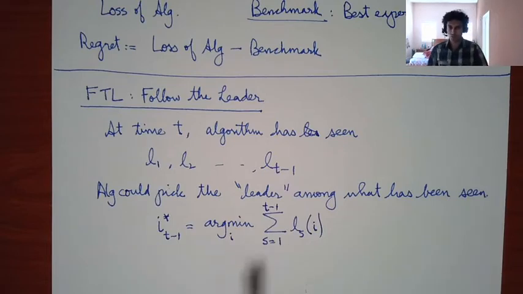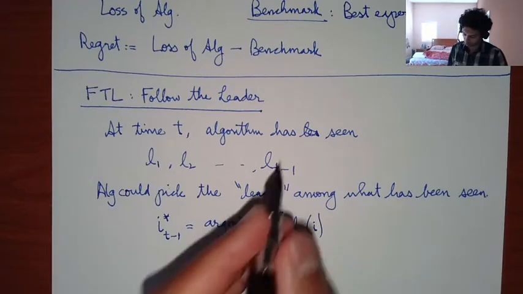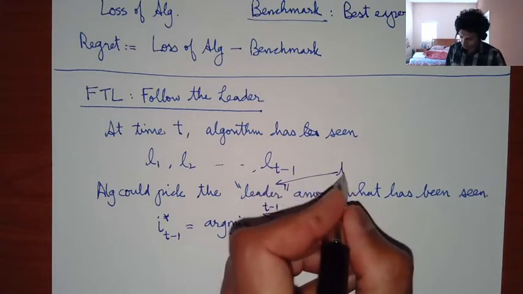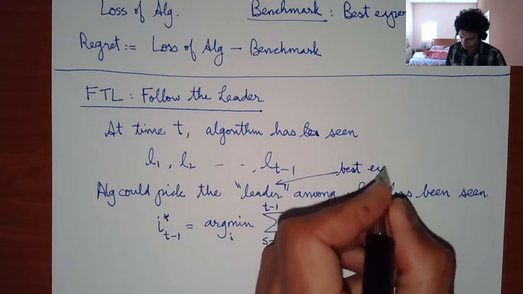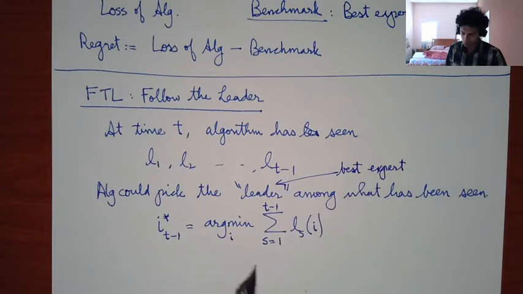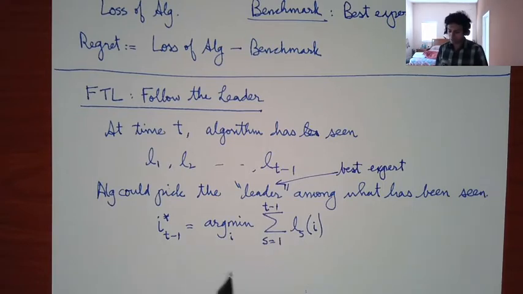So this is the best expert amongst what has been seen so far. So the leader is the best expert. This is what regret is trying to do. It's trying to be competitive with the best expert in hindsight. So at every round, the algorithm could pick the best expert in hindsight and play that.